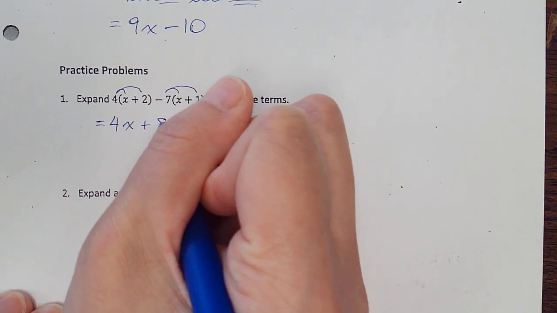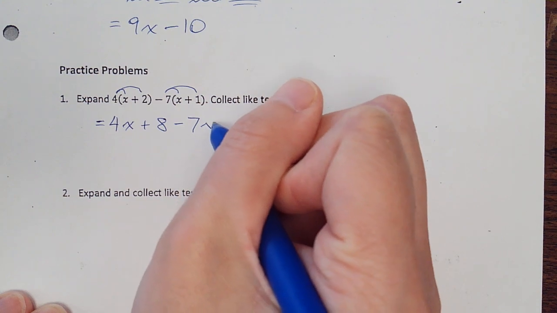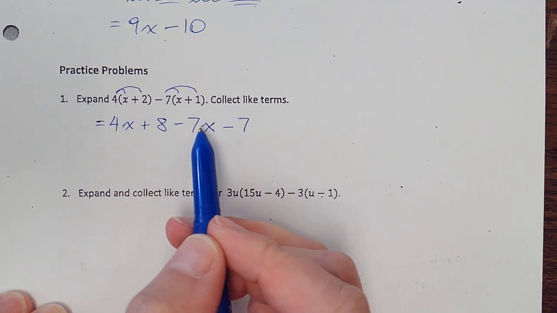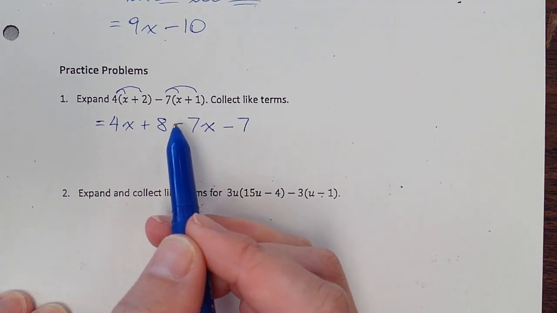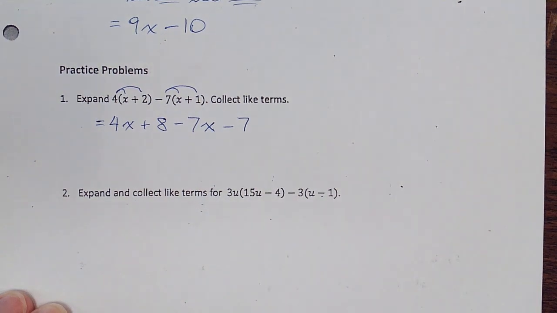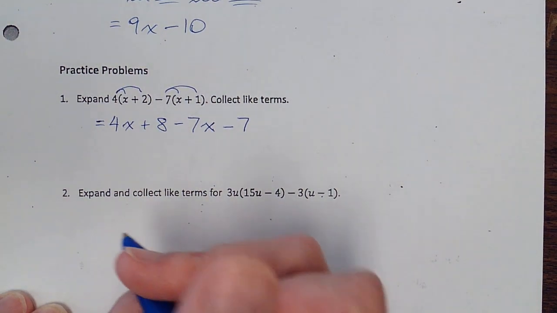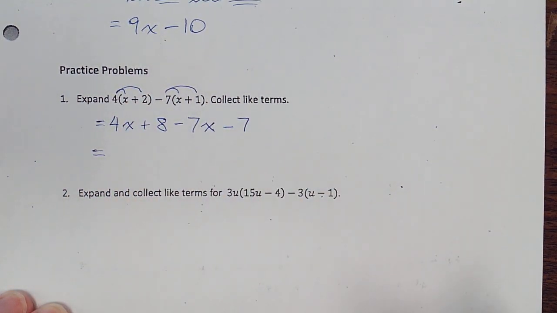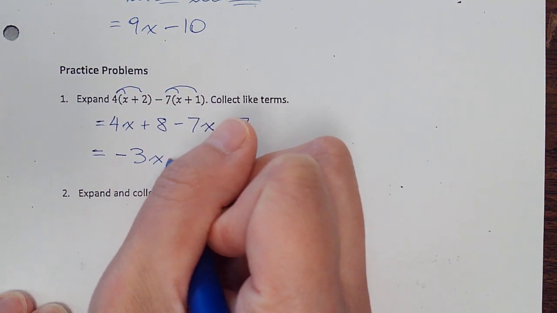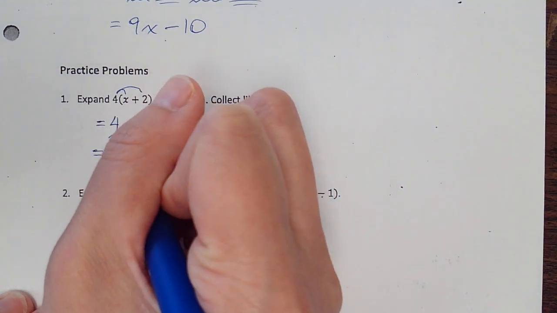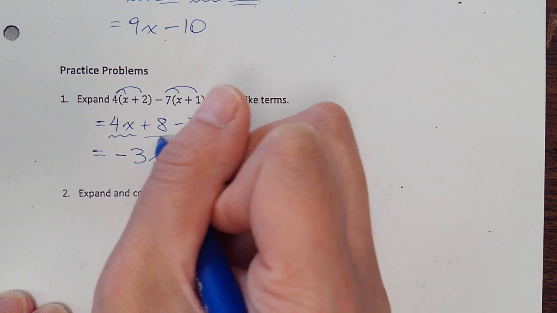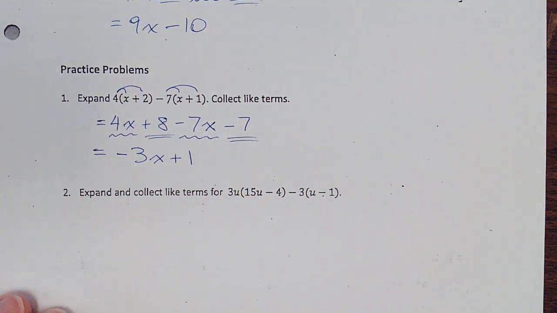Good, 4x plus 8. Minus 7x minus 7. Good, because negative 7 times x is negative 7x. That's why it's minus. Negative 7 times 1, negative 7. That's why it's minus. Okay. Last step. Good. Negative 3x plus 1. 4x minus 7x, you get negative 3x. 8 minus 7, you get plus 1.